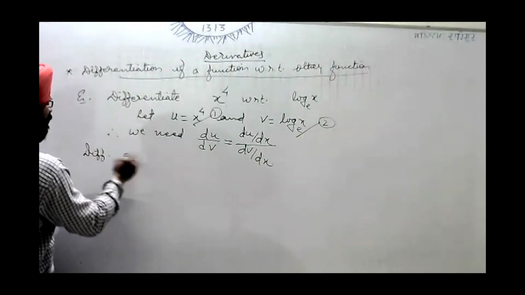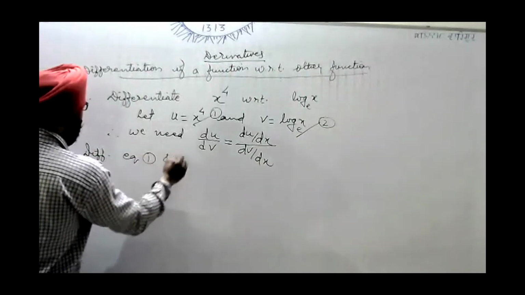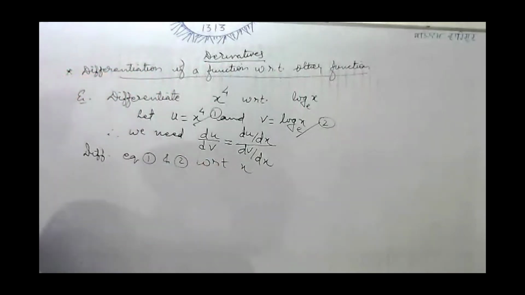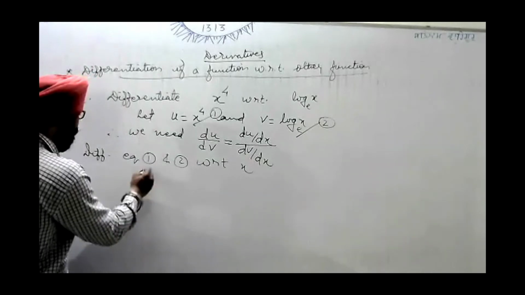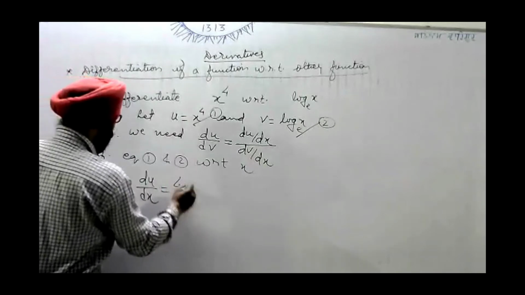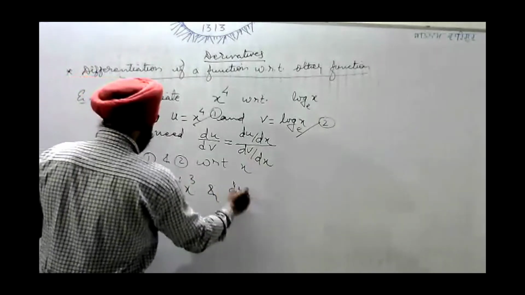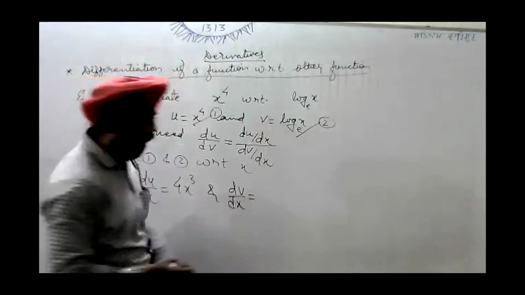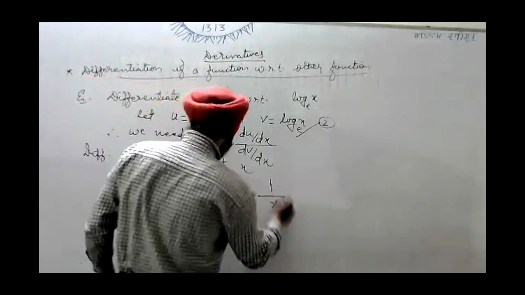Differentiate equation 1 and 2 with respect to x. What we see, this will be known as du by dx equal to 4x cubed and dv by dx equal to, it's a simple function, log x. So we get 1 upon x.